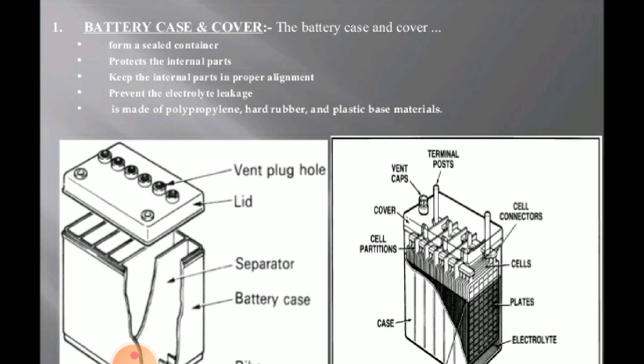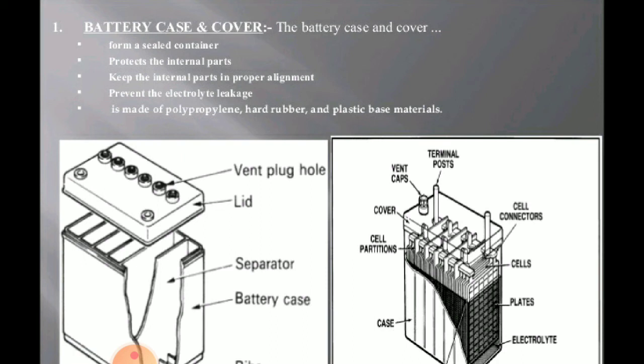Therefore we should have a proper sealed container. This container also provides protection for the internal parts: the positive plates, negative plates, separators, and electrolyte. Next, it keeps the internal parts in proper alignment and prevents electrolyte leakage.